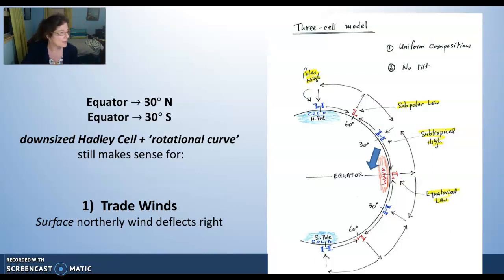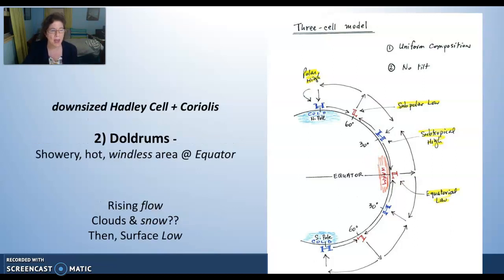Let's talk about it. One of the other areas where this model made sense was it described the doldrums. Another area that sailors noticed was a dead zone for wind was right around the equator.